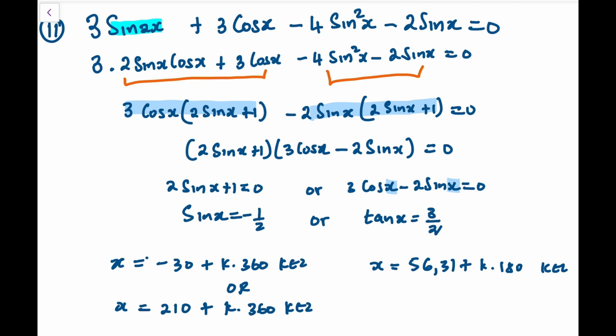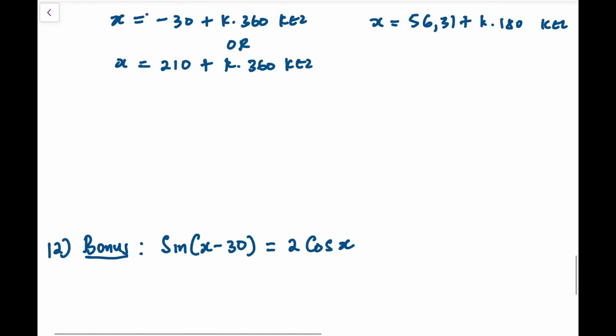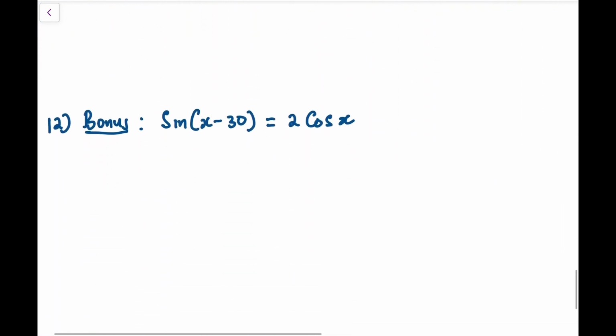And then we are done with this general solution. So let's move to the last one. Last one, I said that they are 11, but there is a bonus, which is number 12. I will quickly go through it, and then I will end this video.